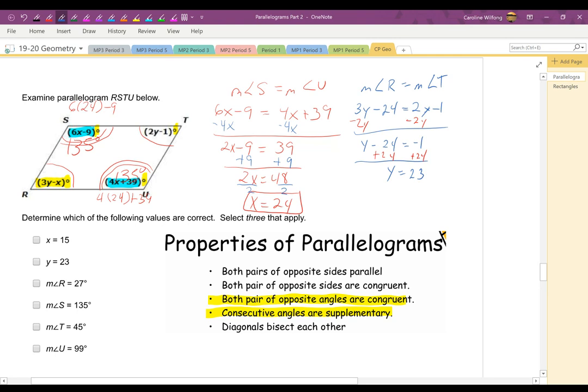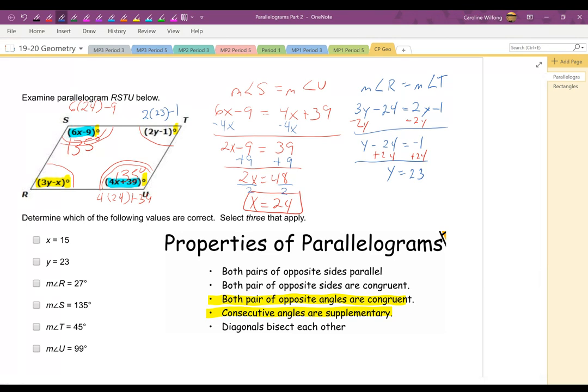So now I can figure out the measure of angle T and angle R. So for the measure of angle T, I've got 2 times 23 minus 1. I put my parentheses wrong. 2 times 23 minus 1.